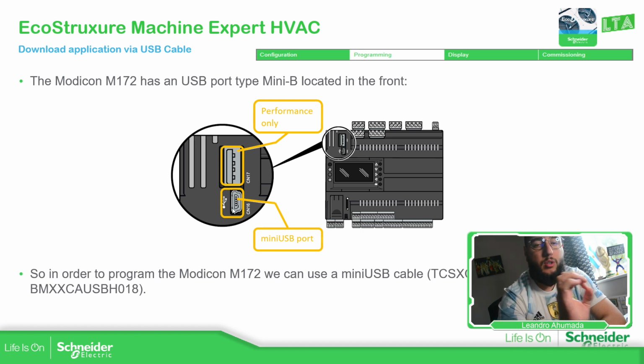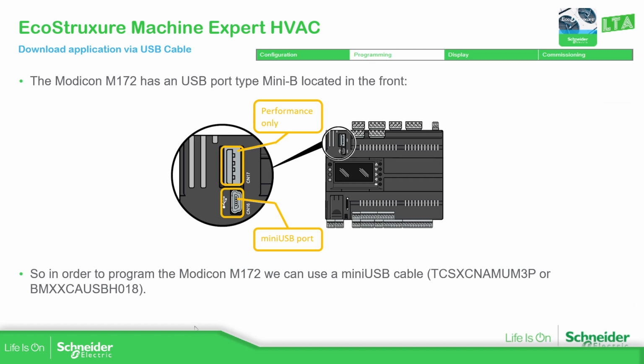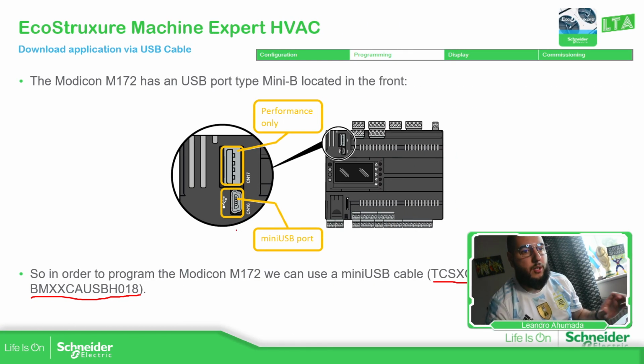That's the one we use to connect our PC in order to download the application via USB cable. And if we change this, you can see over here the two references that we have at Schneider for the mini USB cable, just to let you know.